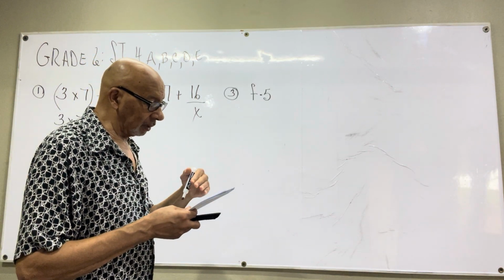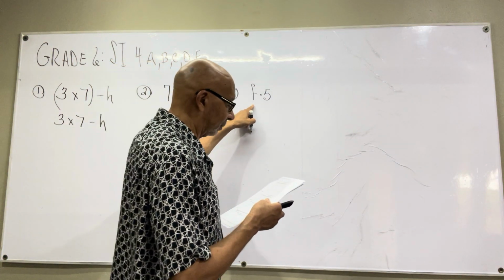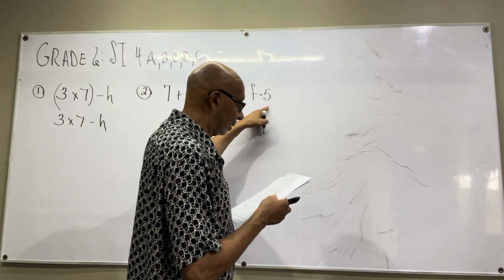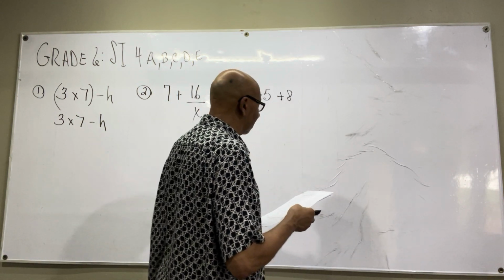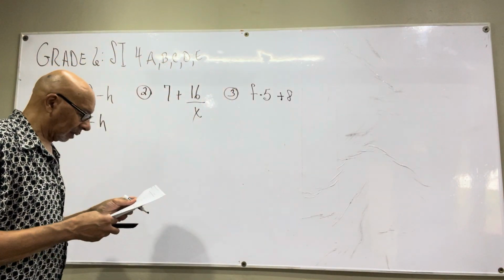But if we follow exactly like the statement written, we would say f, multiply f and 5, then add 8. That will be that statement, even though it's not perfectly correct.